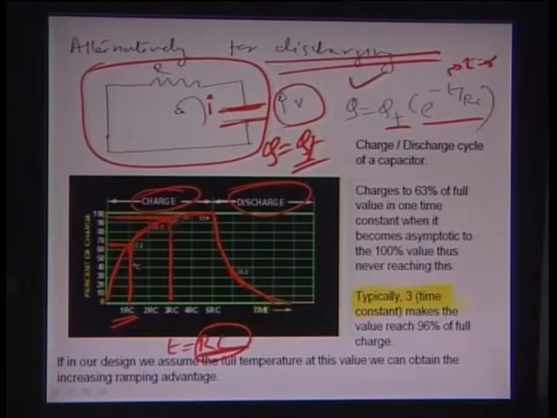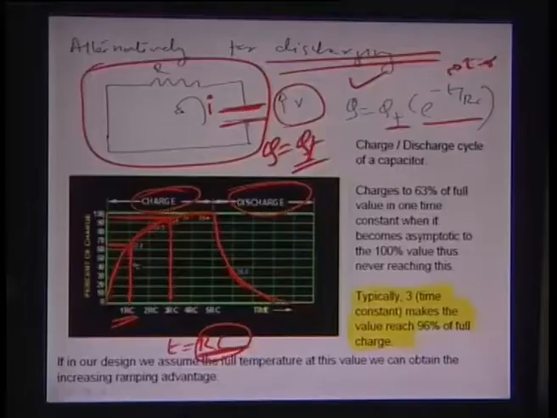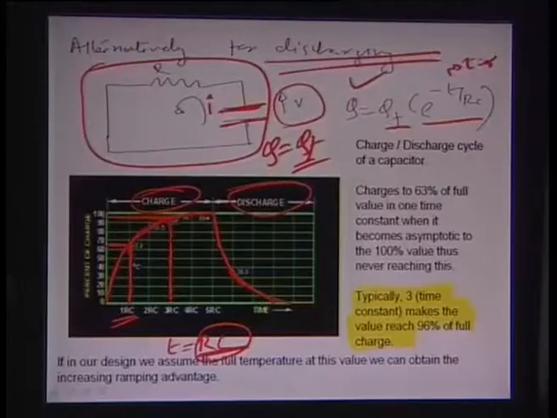If I make an electrical analog in terms of a thermal capacitance, thermal resistance, and a thermal potential difference, which is the temperature, I would be able to see what kind of time would be needed for our thermal circuit to go to a certain level, let us say about 96% of the full thermal load that the cycle can take at a particular temperature. So, if we design assuming that full temperature at this value, we can obtain the full advantage of increasing the ramping rate.